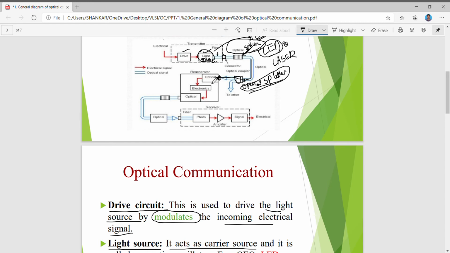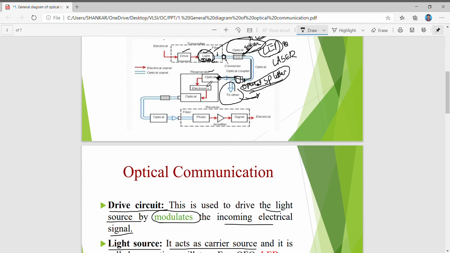Now this split signal is used to connect another equipment. Suppose there is any equipment here, then we use the optical splitter to connect it.